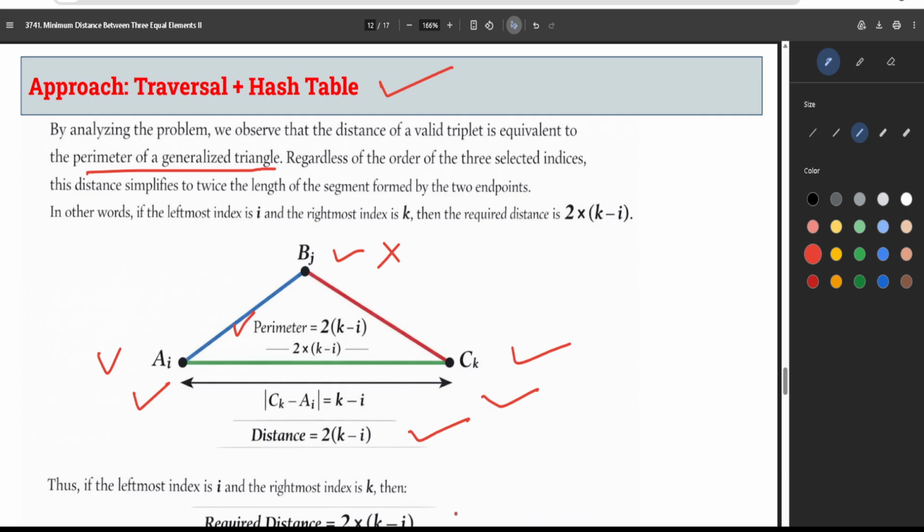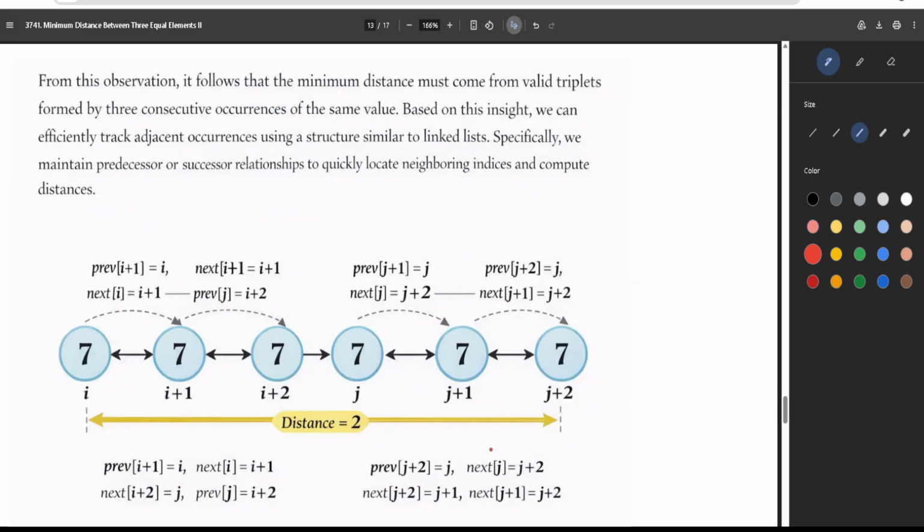So this is where we will use the hash table and the distance, like we have talked about. So you'll calculate the distance. If we want to find the previous, what is the previous here? Let's suppose this is the example we have. What is the value at I, at J, and there will be some K. If we want to find I, J and K, what is the previous and next?